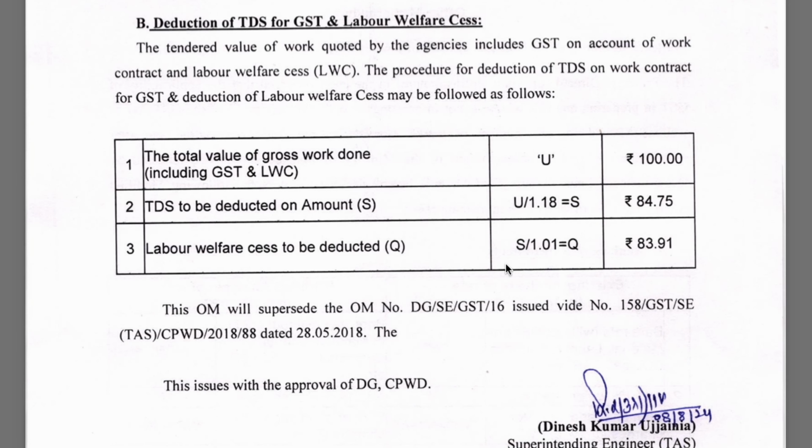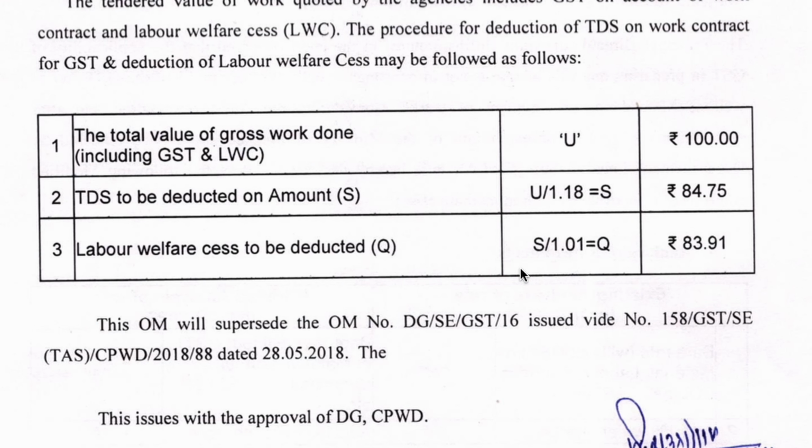Another thing is TDS deduction. Usually for every bill there is a TDS deduction done by CPWD authorities. In that also they have now given a clear direction on how to deduct it. There was confusion initially. Now you have to divide everything by 1.18 and you will get an answer, that is 84 point something.